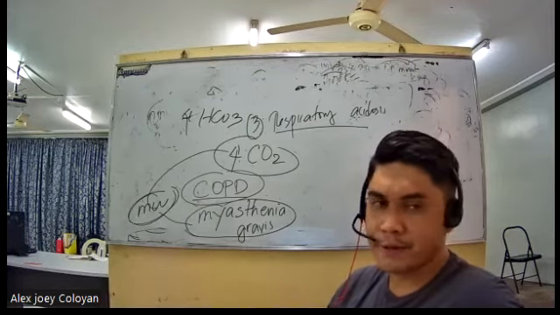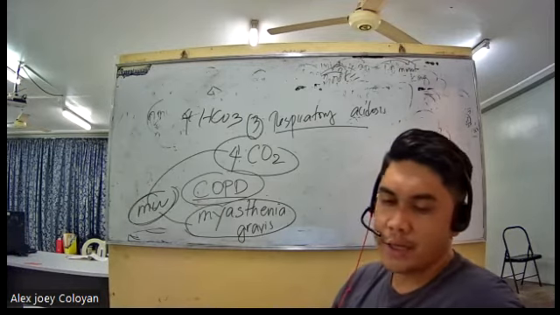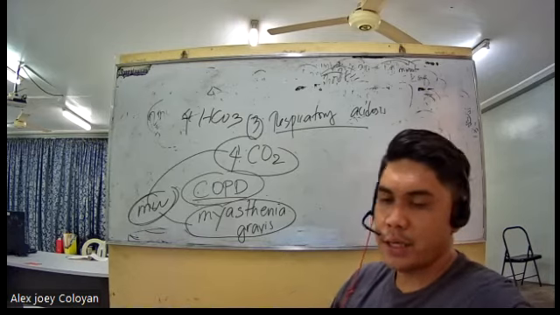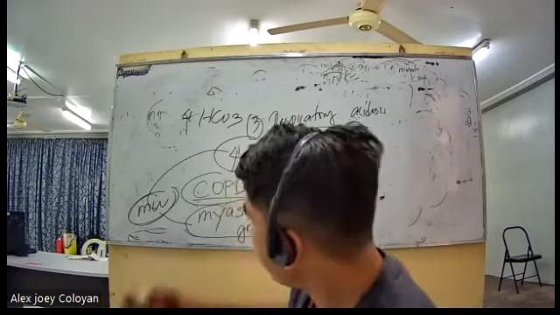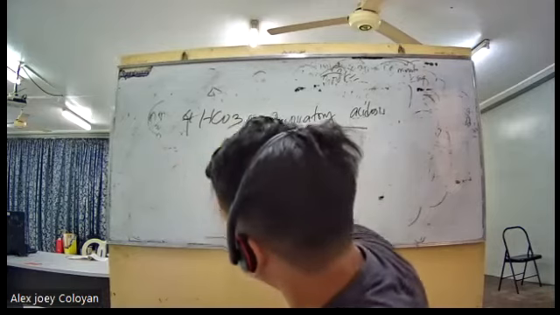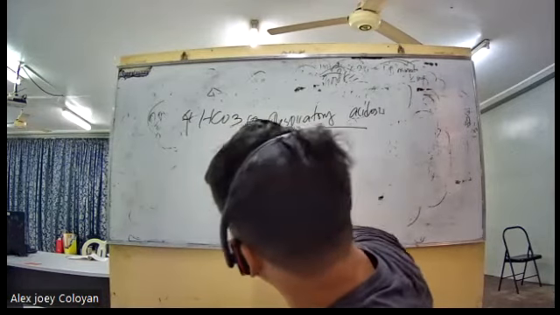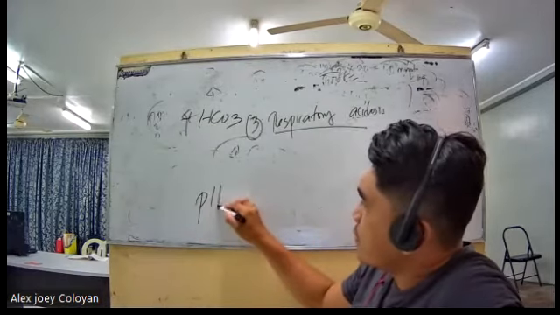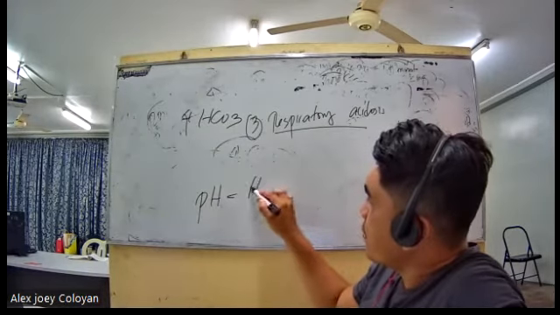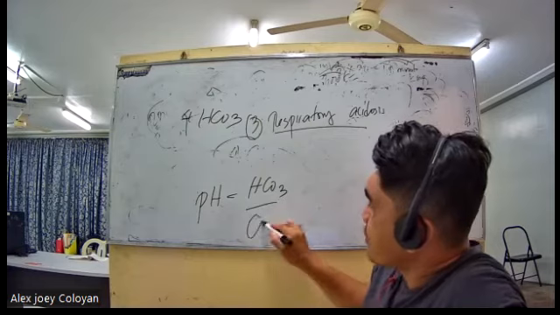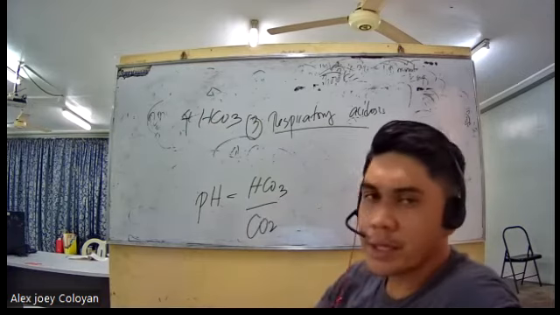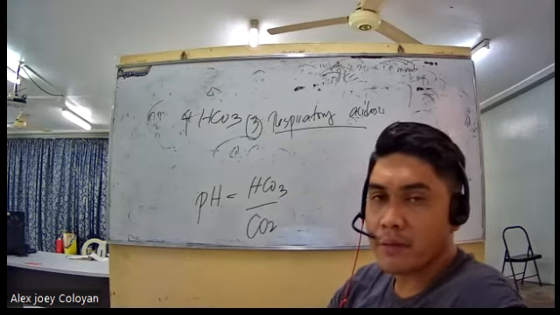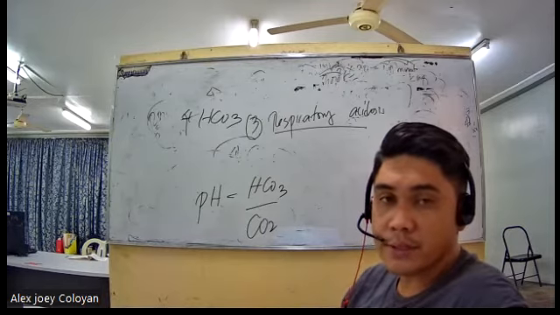So that's for respiratory acidosis. Now, if we're going to apply the formula, pH is equal to bicarbonate over CO2.